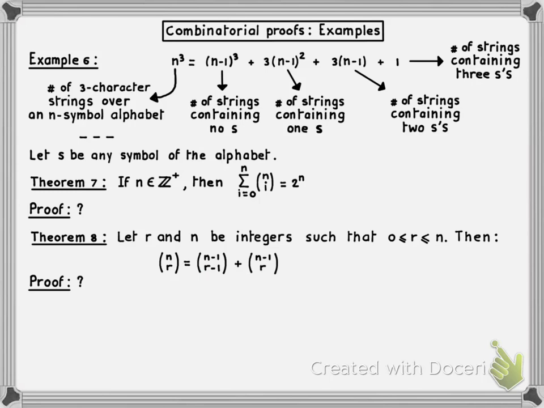Now, of course, the other possibility is that you are not going to be part of that team. And so what happens then? How many ways do I have to form a team that does not contain you? Well, then I still have to choose r students to form the team. But since you're excluded from the list of options, I get to choose them out of n minus 1 students.